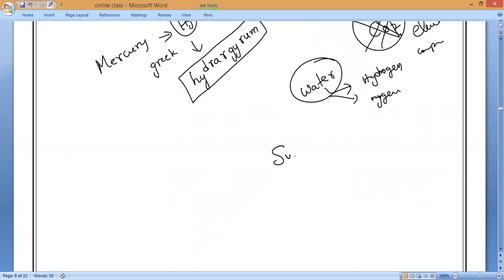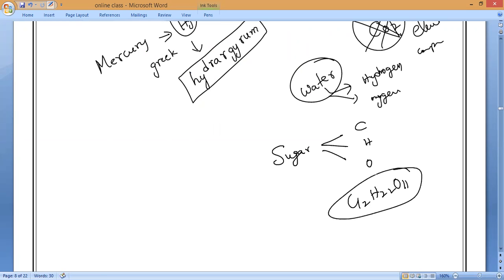Sugar is made up of three elements: carbon, hydrogen, and oxygen, C12H22O11. Now, if we take sodium chloride, common salt, it is made up of two elements. NaCl, sodium and chlorine. Understand?